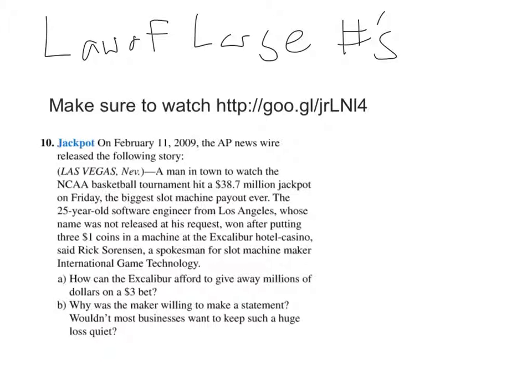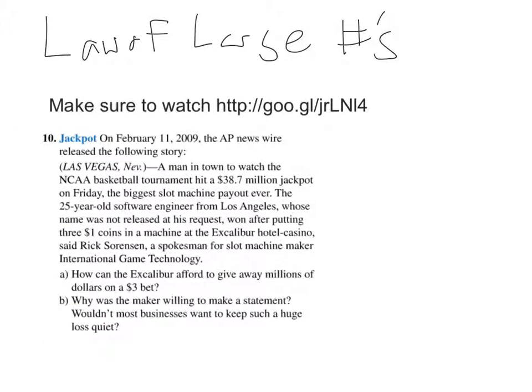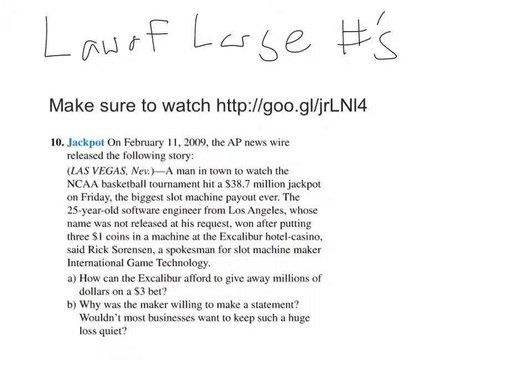So why would the spokesperson from the slot machine want to make that statement? Because they want to have people come in and gamble in that casino. If they get people thinking, oh, I might win on playing that game, well then they'll want to advertise that, even though in the long run the people coming in will lose their shirt, and the casino owner will make a ton of money.